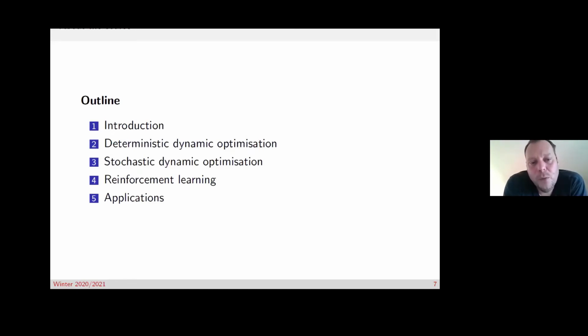And then we move on and extend the deterministic case to take more realistic settings into account. This is specifically a stochastic environment, okay? And using this, we will also learn how to solve deterministic and stochastic dynamic optimization problems numerically.